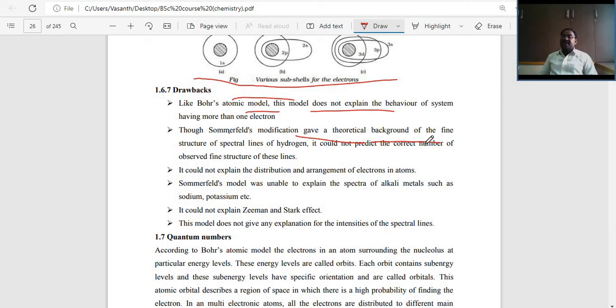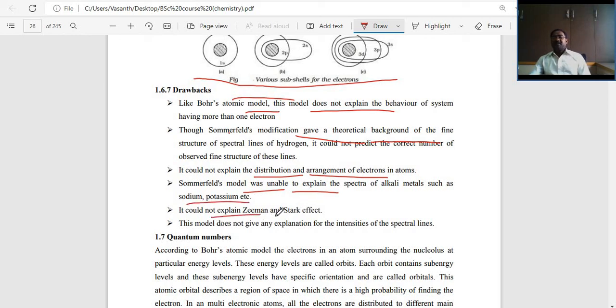It could not predict the correct number of observed fine structures of these lines. It could not explain the distribution and arrangement of electrons in atoms. The Sommerfeld model was unable to explain the spectra of alkali metals such as sodium, potassium, etc.